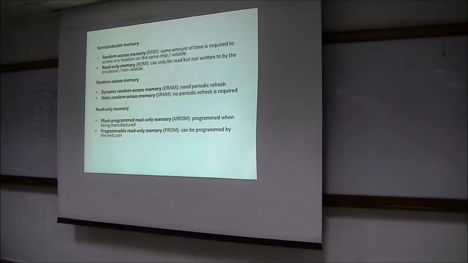Semiconductor memory means electronic memory, all in integrated circuit. It can be broken down into two broad technologies: random access memory and read-only memory. I feel this is one of the simplest things, but it is one of the most common mistakes that students make as well.